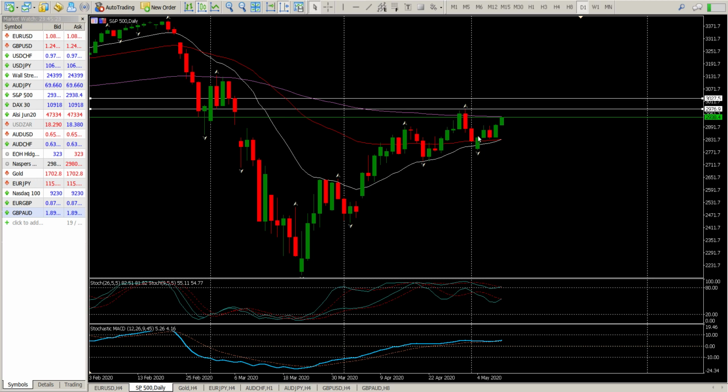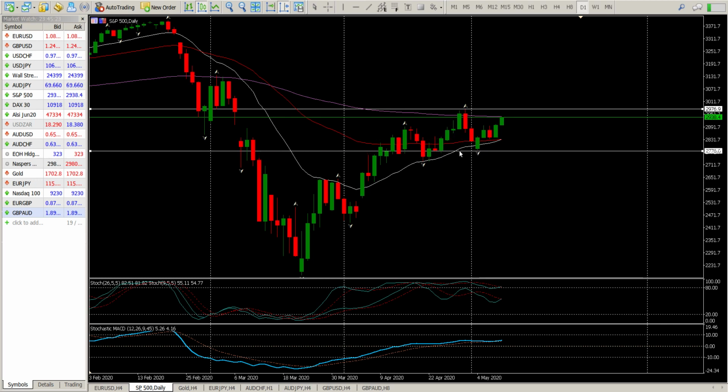So at the moment I'm pretty neutral on the S&P. We are in an area of interest, and if I just use these two levels, these are the two areas for me that are going to dictate my bias.